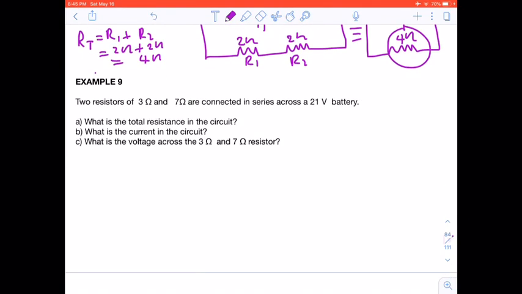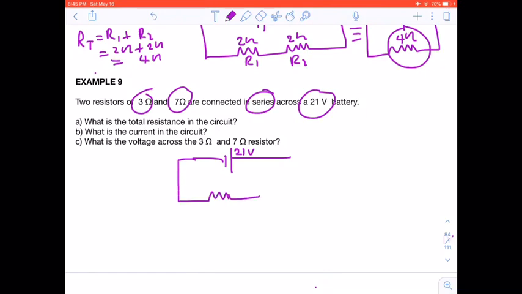Right, now let's look at the next one. Here we got two resistors, 3 ohms and 7 ohms, connected in series across a 21 volt battery. So let's say this is a 21 volt battery, and here I have a 3 ohm resistor and a 7 ohm resistor.